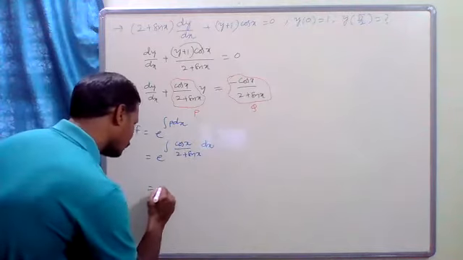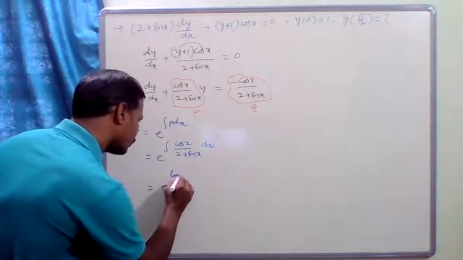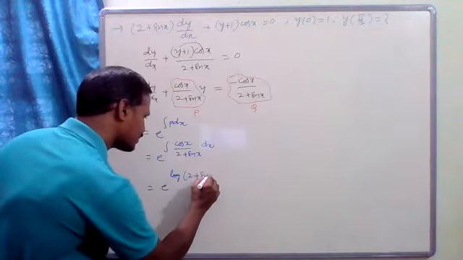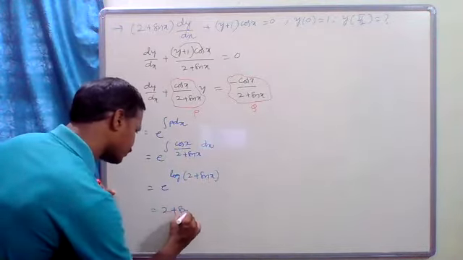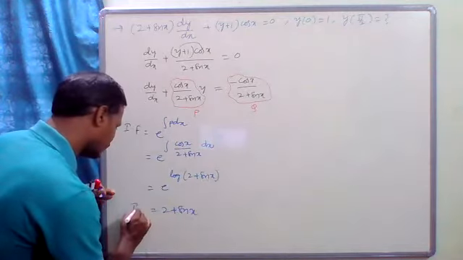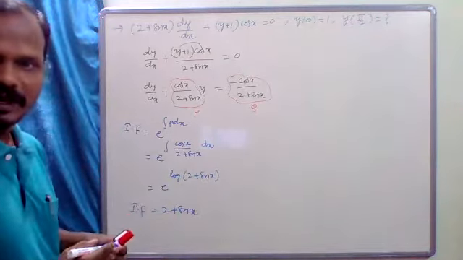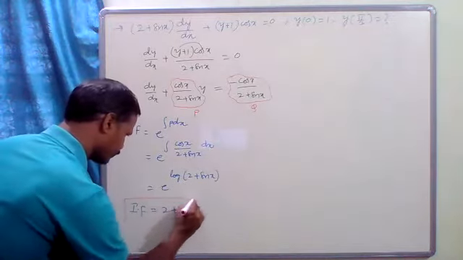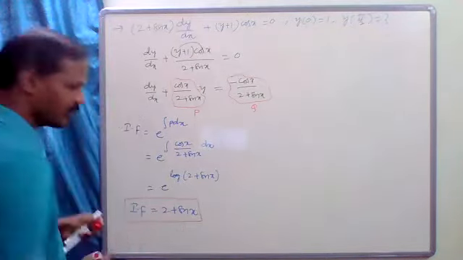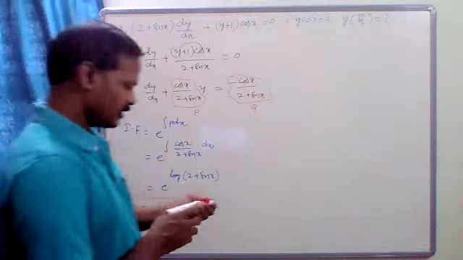So this is e power log of 2 plus sin x, which equals 2 plus sin x. So IF is 2 plus sin x. Now it's easy.